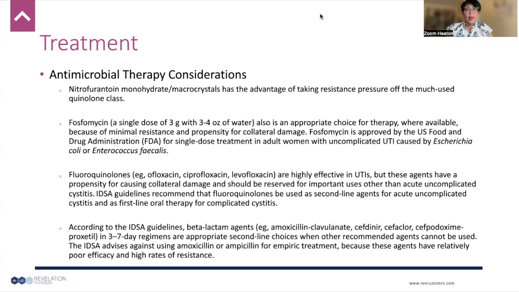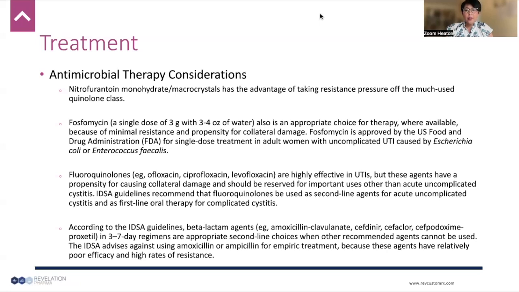But a recent meta-analysis of 27 trials found no difference in efficacy between fosfomycin and other antibiotics for treatment of cystitis, and found that fosfomycin was associated with significantly fewer adverse reactions in pregnant women.